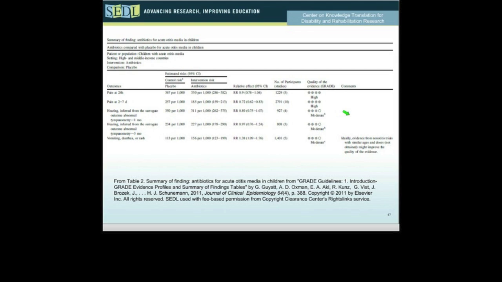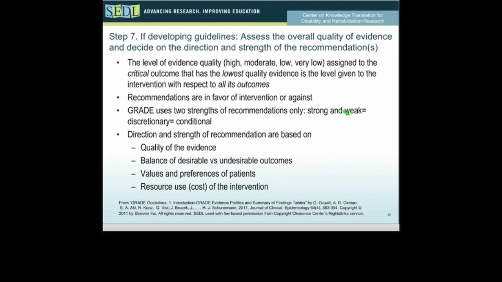So this is what GRADE tells you to prepare as the basis for actually starting to rate the quality of the evidence across outcomes and deciding on the direction and the strength of the recommendations.